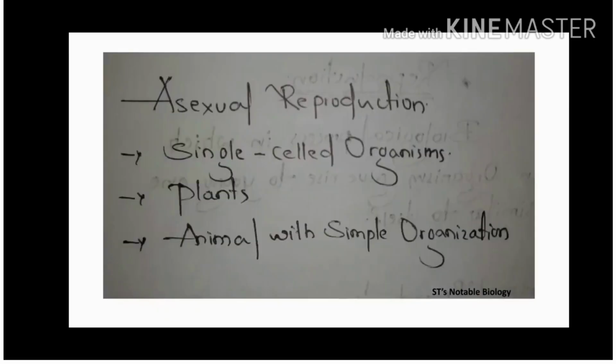Let's see. Before going to the examples, we should know that asexual reproduction occurs in single-celled organisms. Whatever organisms have a single cell, we can see asexual reproduction in them, and it is also very common in plants. Asexual reproduction can also occur in animals with simple organization.